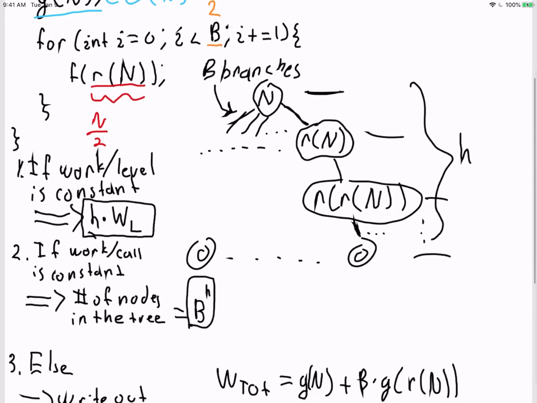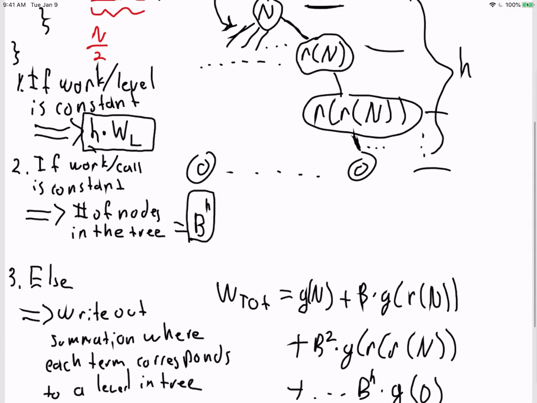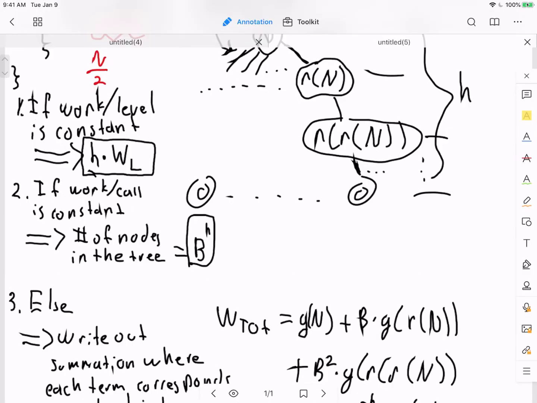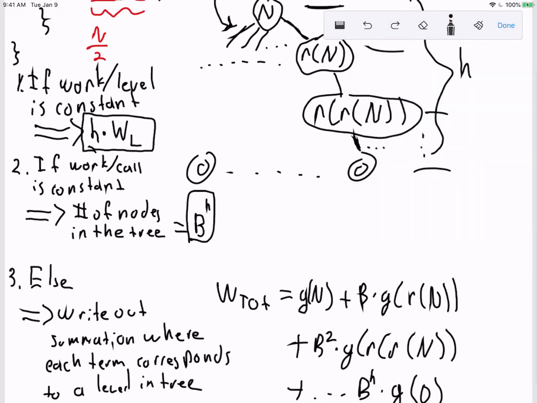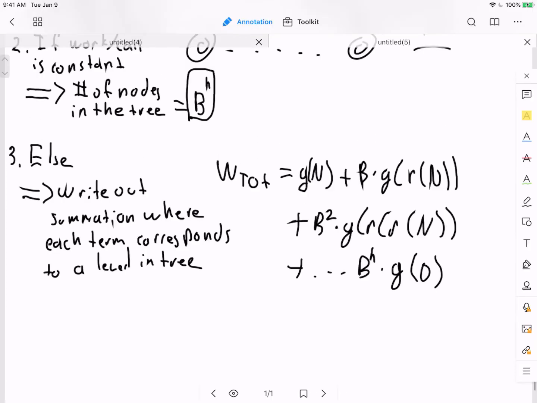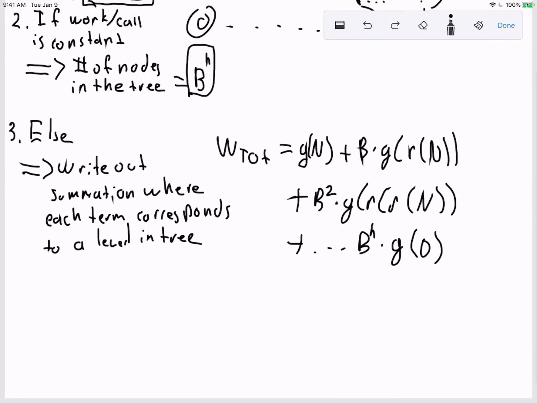So looking at this tree, I'm going to copy basically this tree except plugging in our values. Actually, let's do it down here. Okay, so the top node is n, and then the next node is the reduction in the problem size.